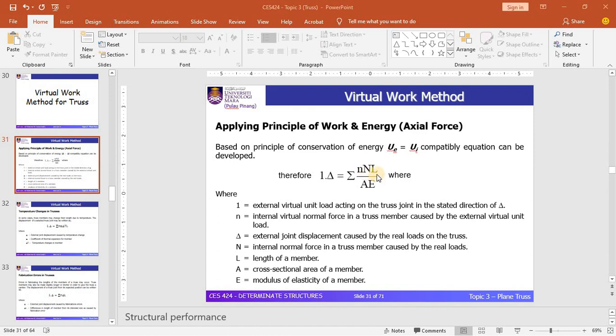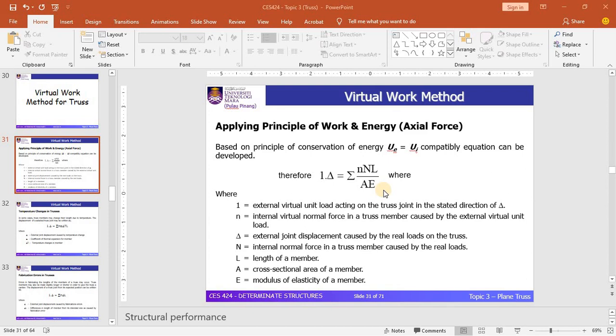L is the length of a member in the truss. In AE, A refers to the area and E is the modulus of rigidity, so the AE term refers to the axial rigidity of the truss structure. In this equation, you need to sum up all the members that form the truss structure in order to calculate the displacement at a certain joint in the truss system.